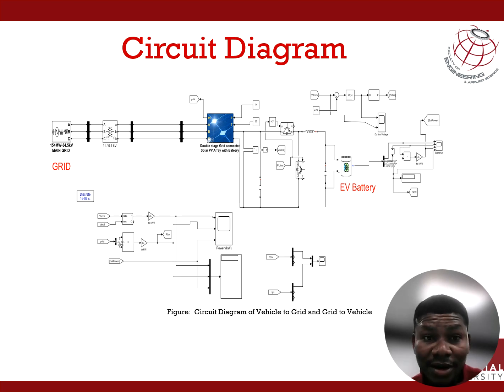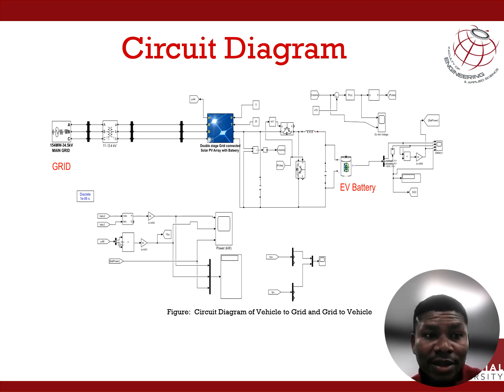The circuit diagram includes, when you look at this circuit diagram here, you see that we have the EV, that's the electric vehicle. This is the actual electric vehicle. It is equipped with a battery pack that stores energy and an onboard charger or inverter that manages the power flow between the battery and the external grid.